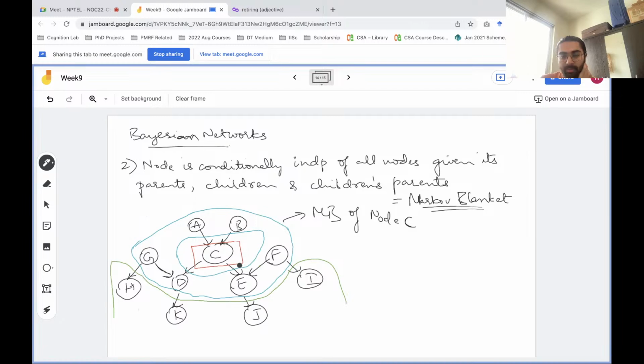So P of C given all the others, I'll call this set M, will just be equal to P of C given M. Try to prove these things using the rules from the class. Let's see if you're able to prove this from the simple rules.